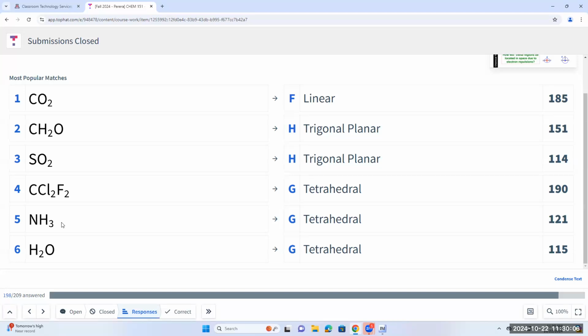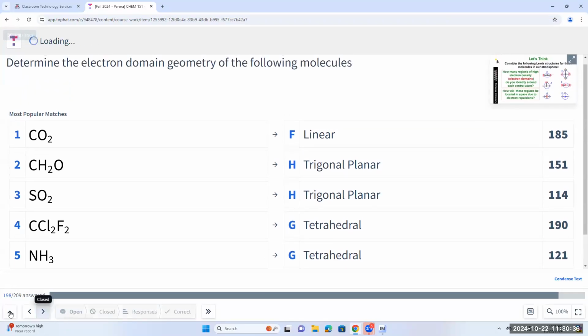Whenever we have 4 electron domains, they're going to arrange in tetrahedral geometry, not anything else. If you had something like bent or trigonal pyramid, that's because you're a little bit ahead. You're thinking about molecular geometry. We're going to get there. Now, I'll reopen this in case somebody wants to revise the answers.